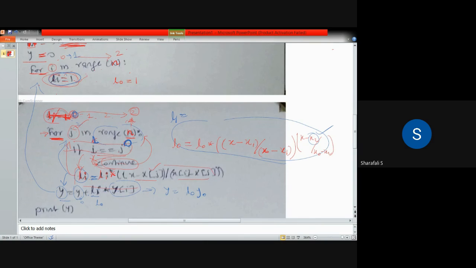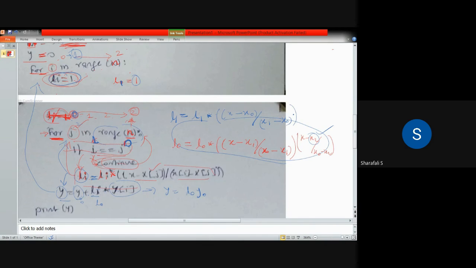L1 will be equal to L1 times those terms. Now x is there: x minus x of j, which is x0, divided by the next term, x of i, which is x1 minus x of j, which is x0.